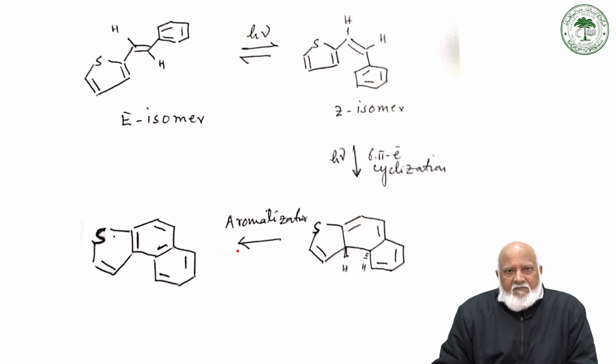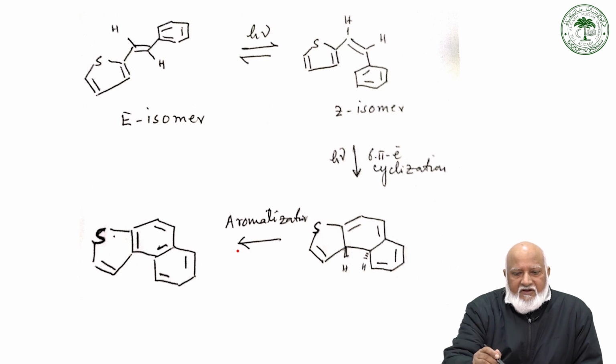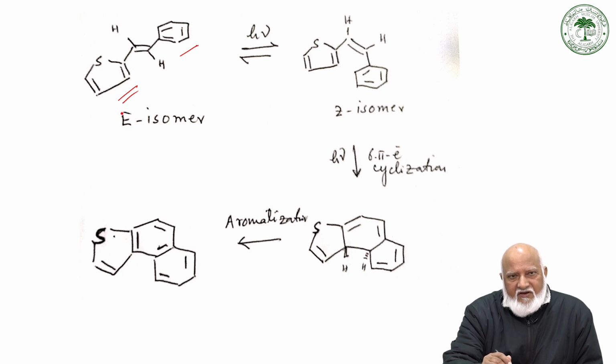So, this is an example of a trans alkene. You have a phenyl group at one end and a thiophene at the other end. In the presence of light it can undergo cis-trans isomerization, and of course it is in equilibrium.